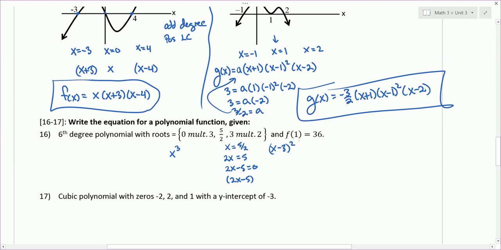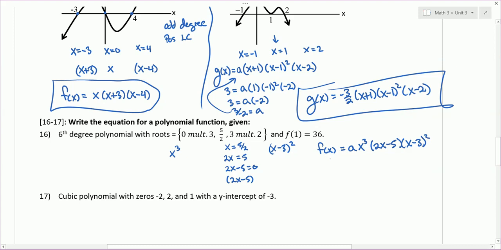And this function goes through the point 1, 36. So let's put together what we know so far. F of x is equal to some leading coefficient, don't know that part, times x cubed times 2x minus 5 times x minus 3 squared.